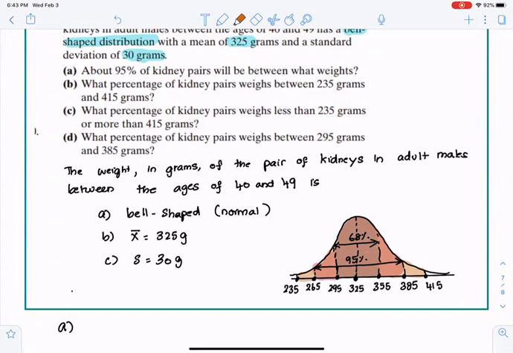So now I know the points corresponding to the mean, one, two, and three standard deviations to the right of the mean, and one, two, and three standard deviations to the left of the mean.